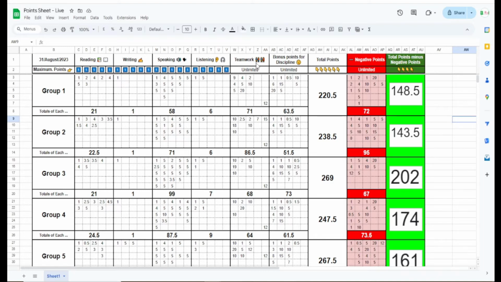If they work independently, some might not feel interested, whereas in a team they might come with new ideas and brainstorm together. It gives more enthusiasm and presence to the children, and they feel so much fun. So I have taken unlimited points for teamwork, and bonus points for discipline.